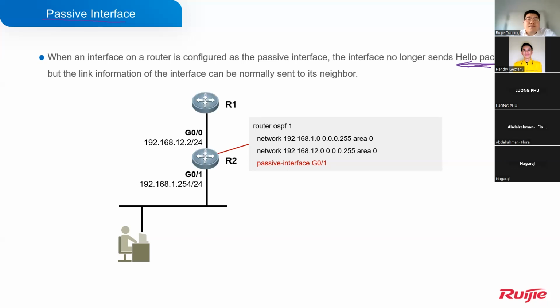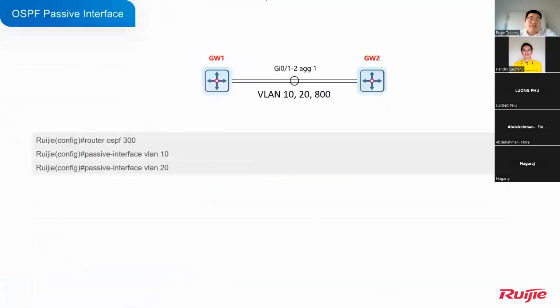Okay, so you can see the configuration passive-interface G0/1, and think about the configuration on our devices: router ospf 300, passive-interface VLAN 10, passive-interface VLAN 20. So it's a very easy requirement. Just use the passive interface.